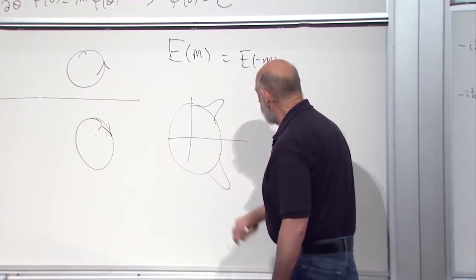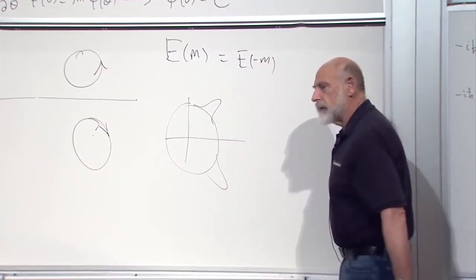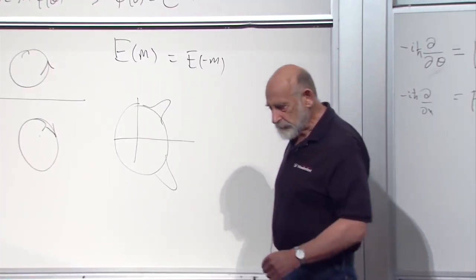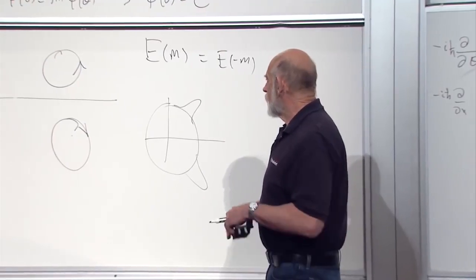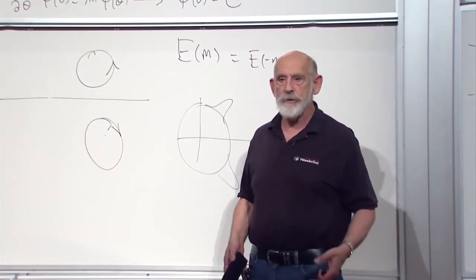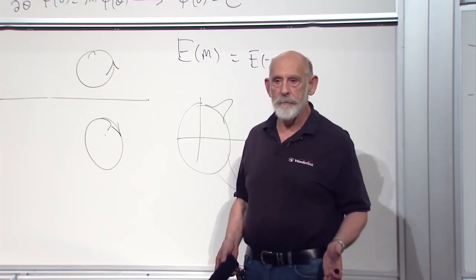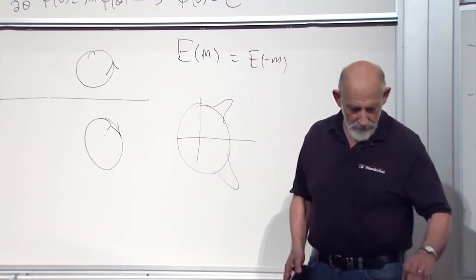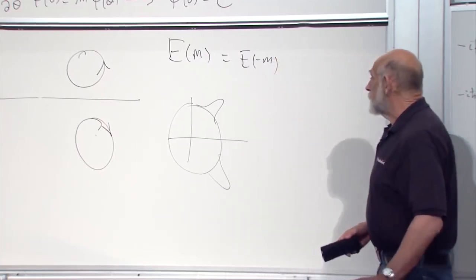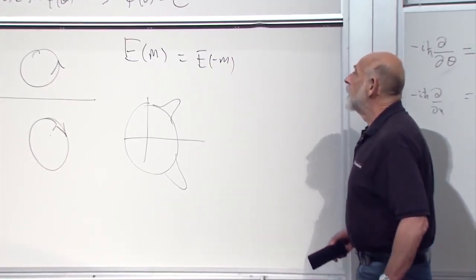Here's a corresponding function of minus theta. The kind that's over here. They're not the same thing. Also, e to the i m theta is not the same as e to the minus i m theta. But the square of... Yes, but we don't. But that's right. But the square.